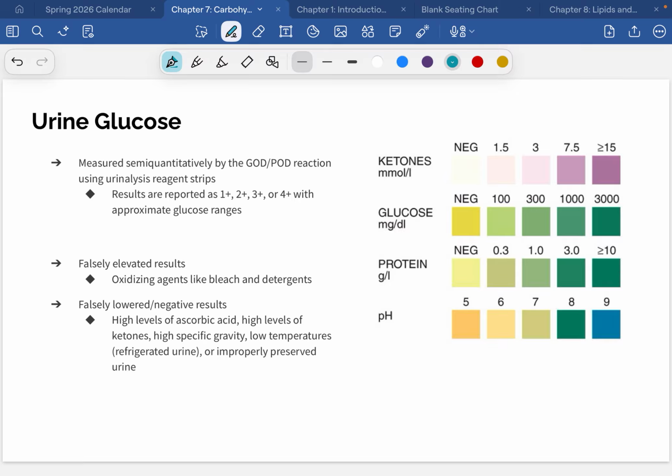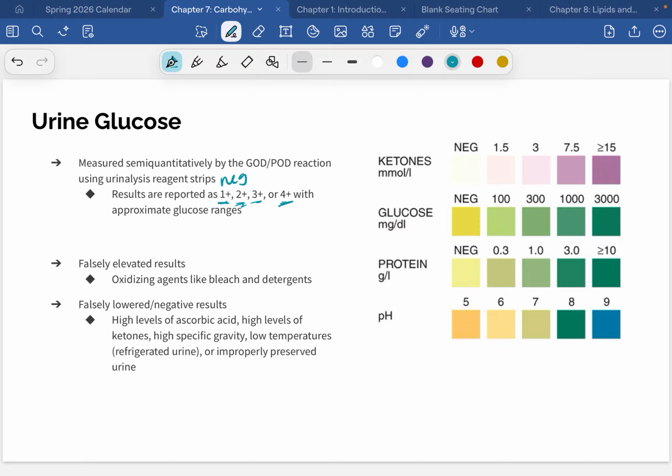It is usually just measured in terms of there's none, there's a little, there's some, there's a lot, there's really a lot, basically. And that is what the 1+, 2+, 3+, or 4+ means. So results are reported as negative, or 1+, which means there's a little bit, 2+ means there's a little bit more, 3+ means moderate to high, and then 4+ means really, really high.